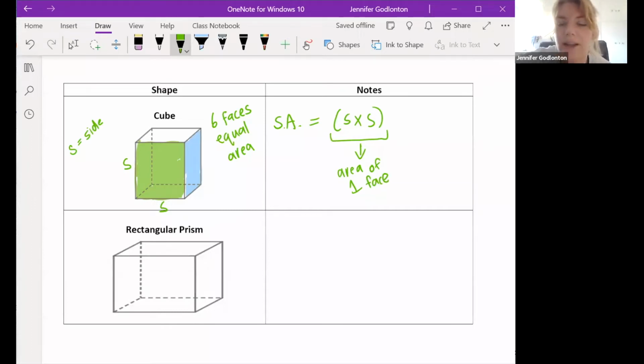And there are 6 faces, so we're going to times that by 6. So it's side times side, or you can write this as side squared, and then we are timesing that by 6 because there are 6 faces. SA stands for surface area.